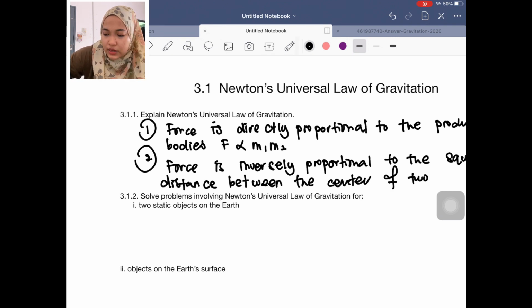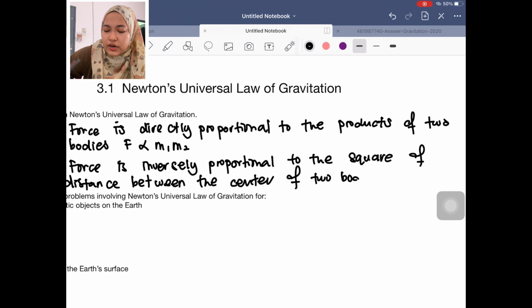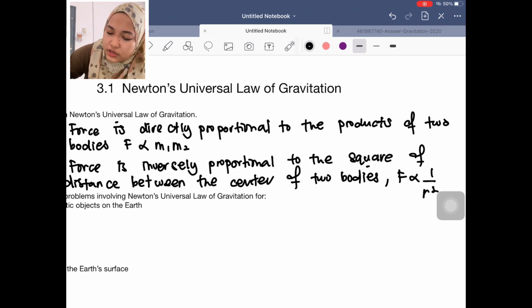We can write it also: F is inversely proportional to R squared. You have to remember the keyword here, the center of two bodies.